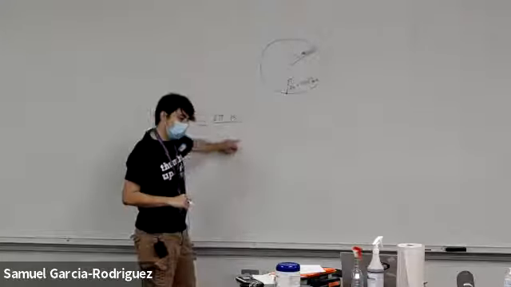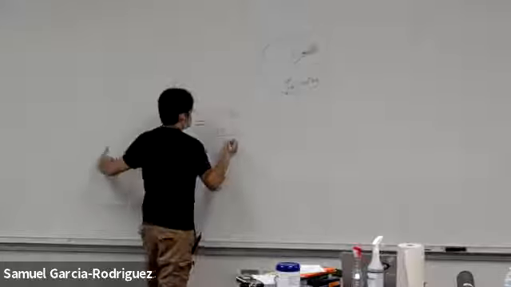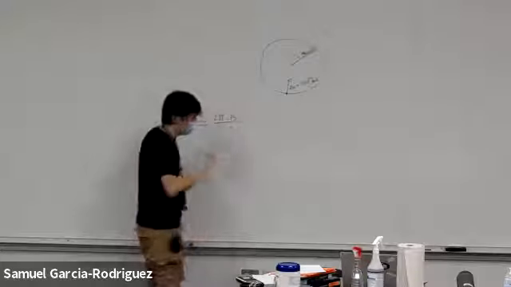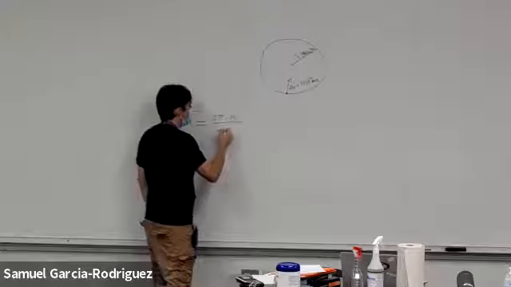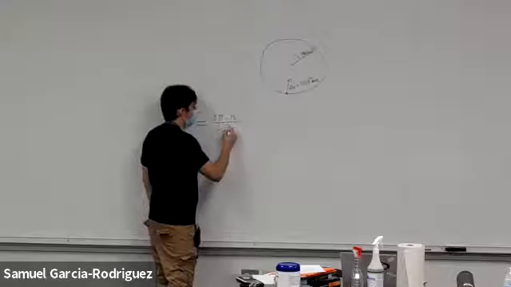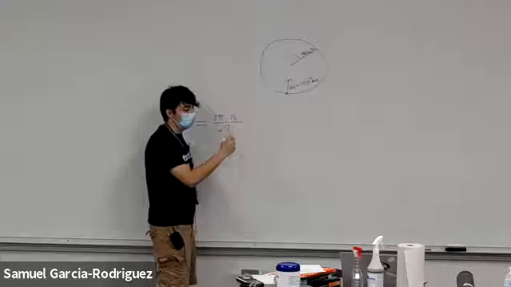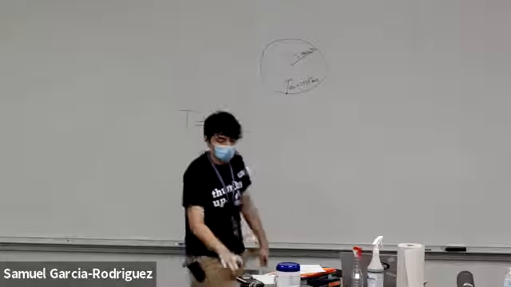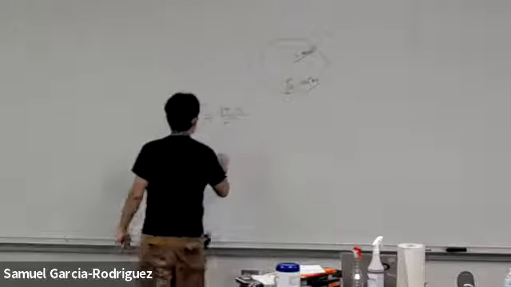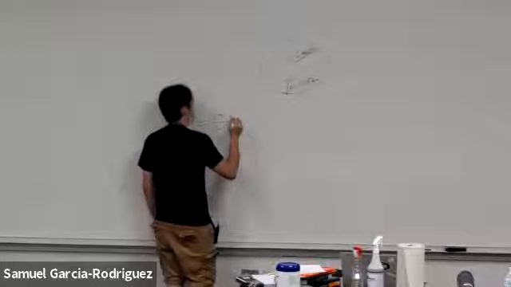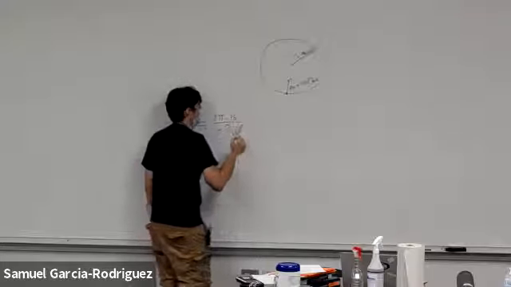Divided by my velocity. Or no, speed. What was it? 6.7... 7.1 times 10 to the 6th.